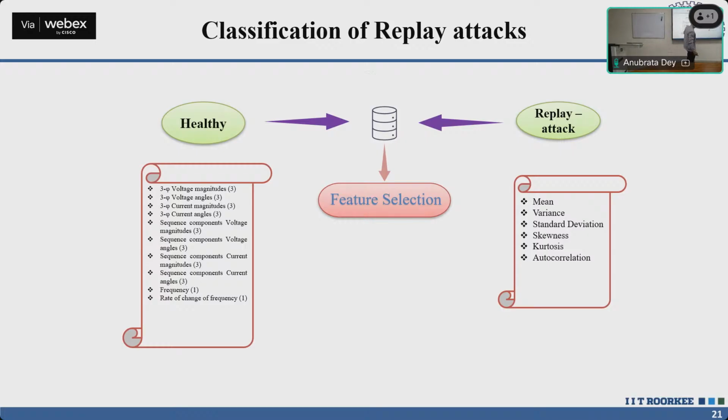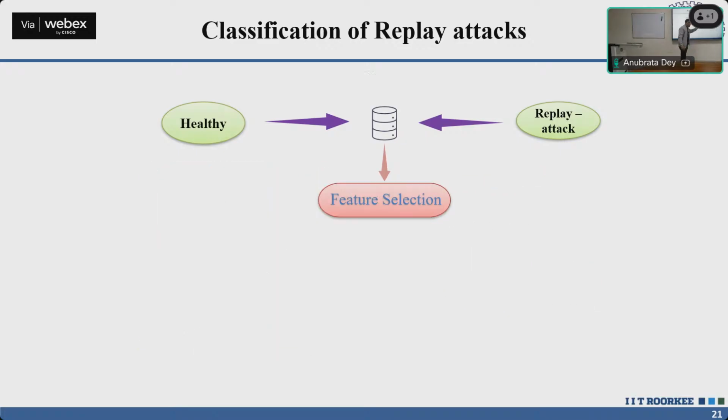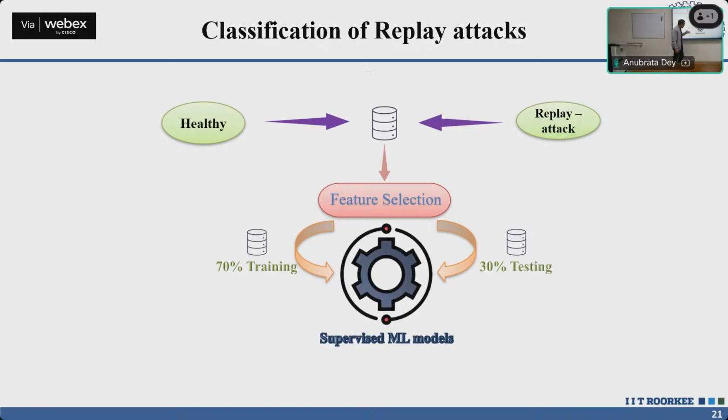If you combine these two, that comes under feature selection. Once you have that, as I told you, you can use the randomized search method, or some other method, to decide what percentage of data you consider for training and how much for testing. Then you have the supervised ML models available, and you can go for the detection part.